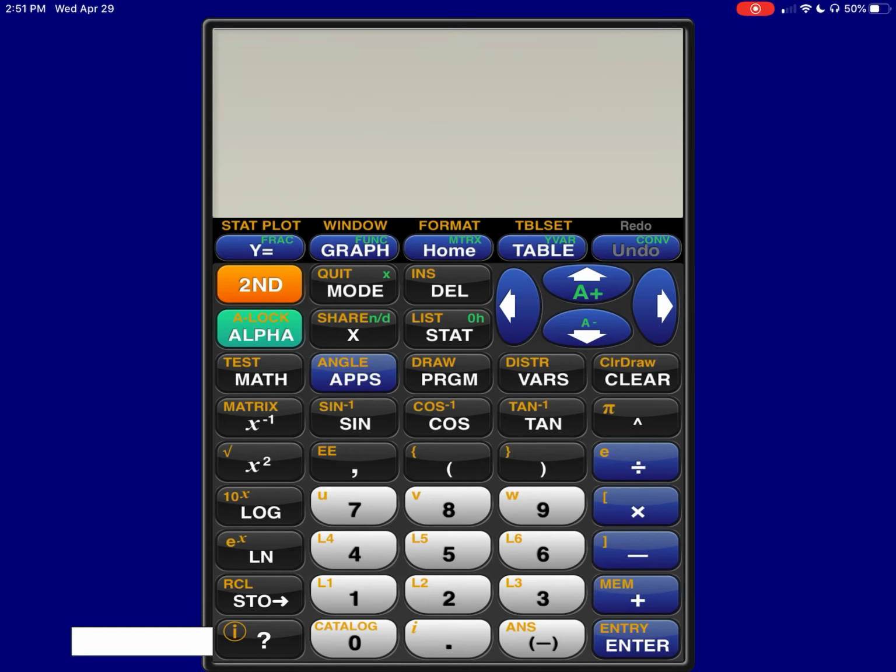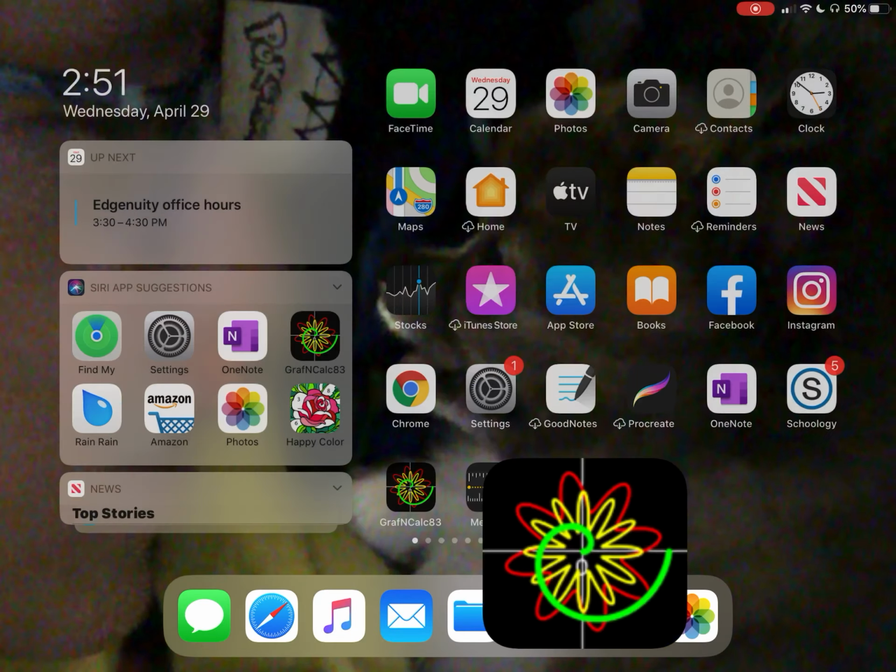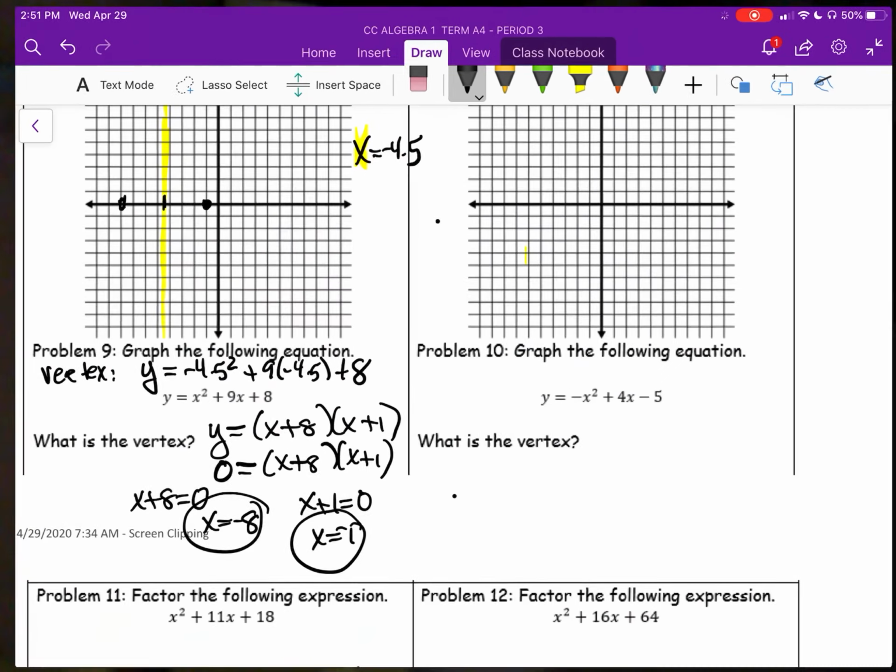So y is equal to negative 4.5 squared plus 9 times negative 4.5 plus 8. For some reason, it's not giving me an answer. Well, that's confusing. Don't know why that's happening.